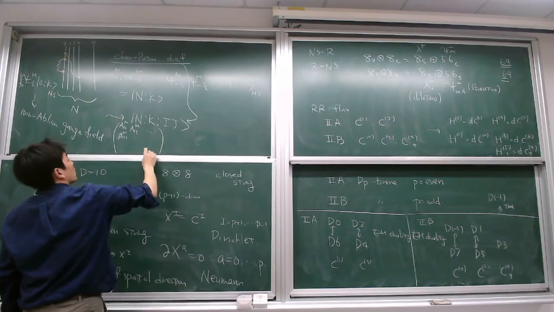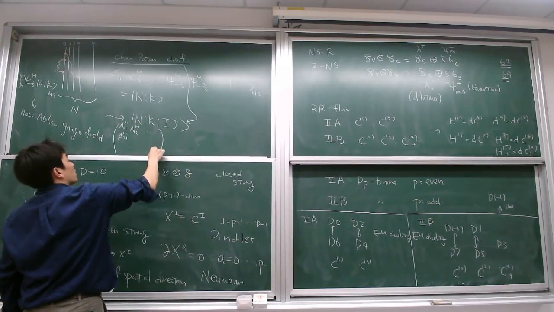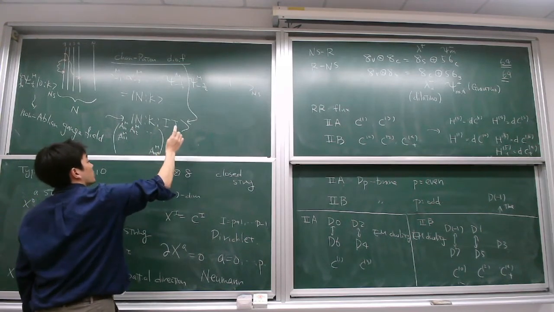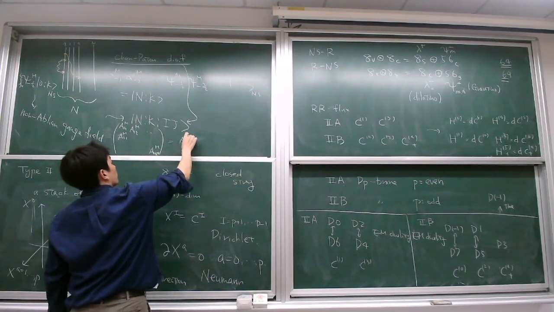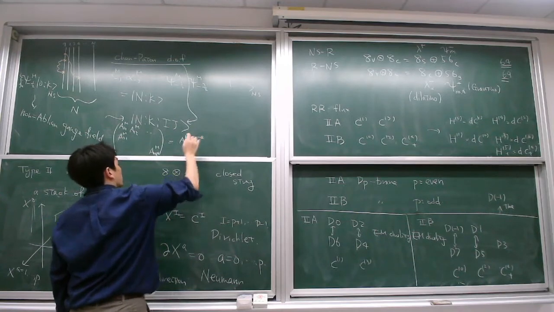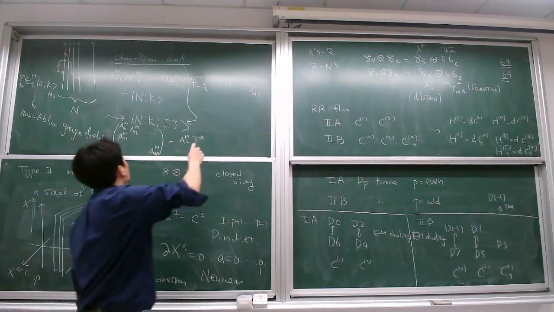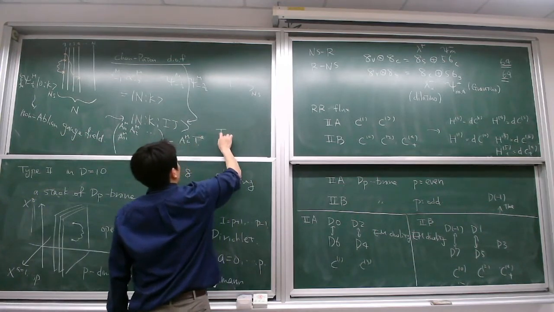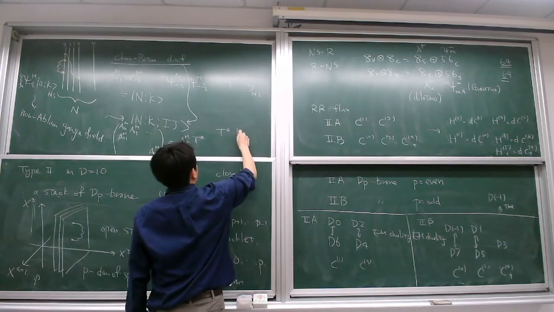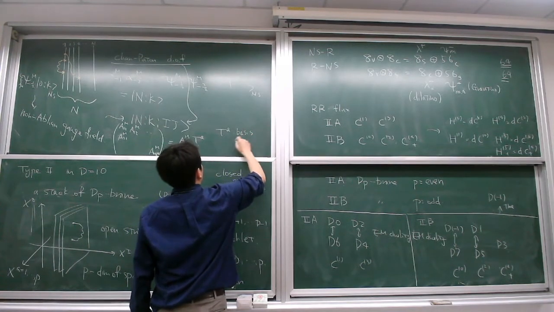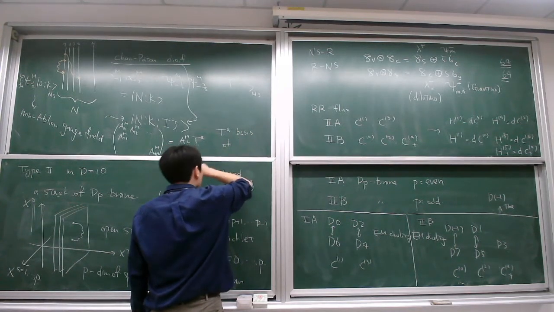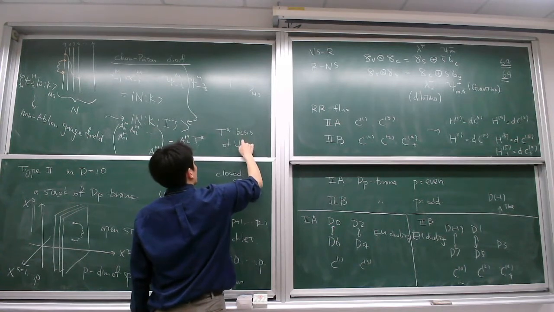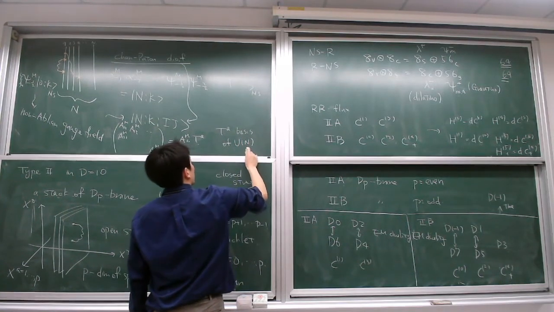A_mu can be understood as A_mu^a T_a, and T_a is the basis of the U(N) algebra.